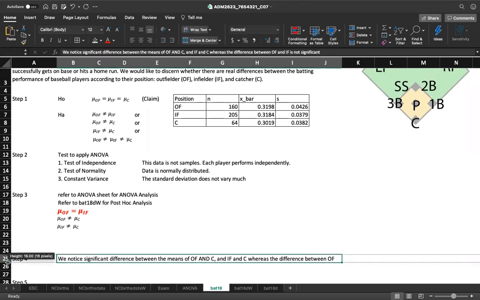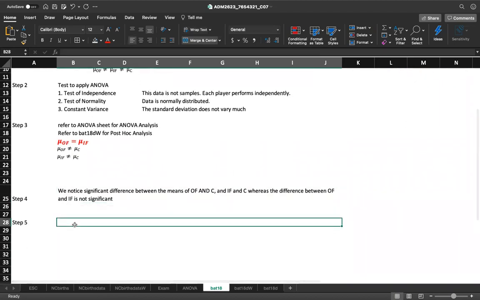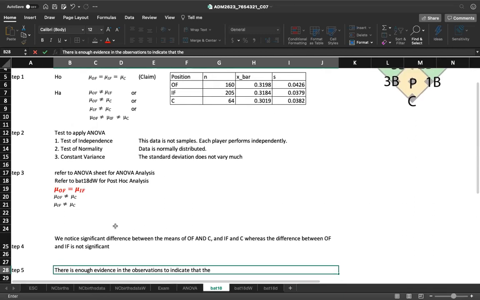The text, increase the width. So there is enough evidence in the observations to indicate that the mean performance of three classes of fielders is not same.